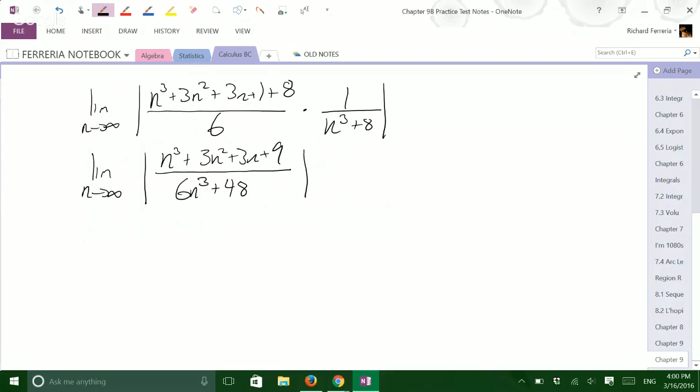This limit is 1/6, which is less than 1. Therefore, you have a converging series.